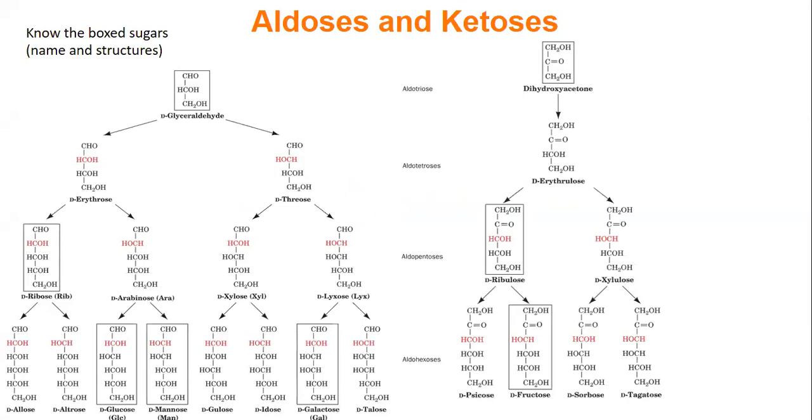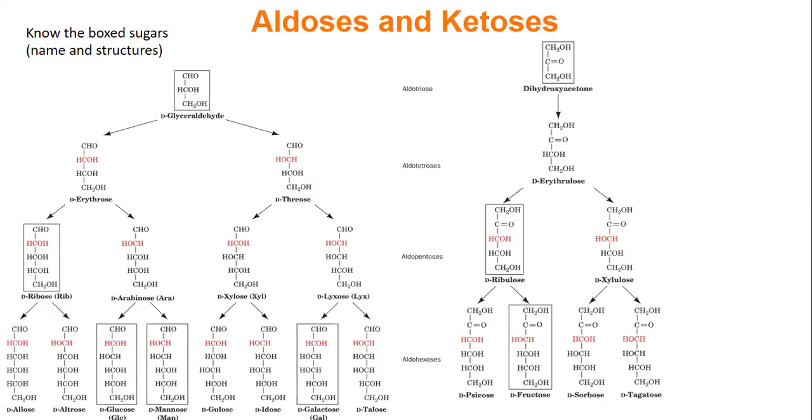So unlike the amino acids, I don't have that many sugars for you to memorize. Those sugars that I have in boxes are going to be the sugars that are most important for biochemistry. So these are the ones I want you to know. It is going to be like how I tested you on the amino acids.